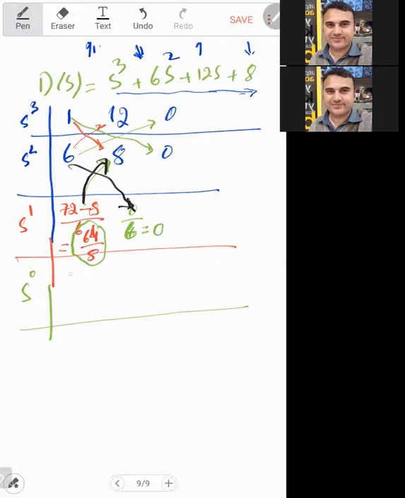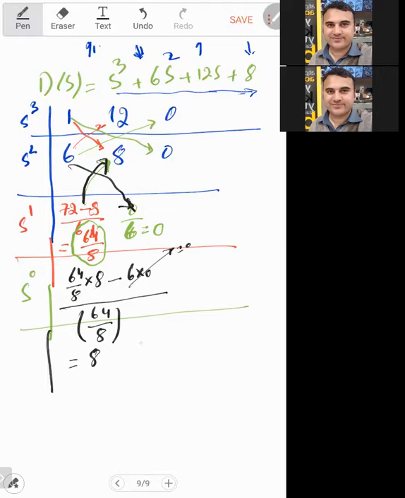So what we are actually doing is 64 divided by 8 multiplied by 8 minus 6 multiplied by 0, because this one is 0, and then divided by the first entry, 64 divided by 8. This is straightforward: this is equal to 0, and 64 divided by 8 will cancel out, and finally you will be left with 8, and then 0.